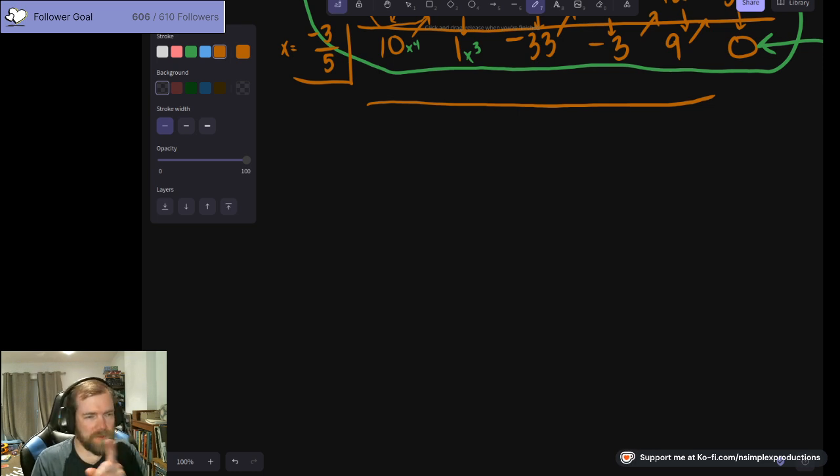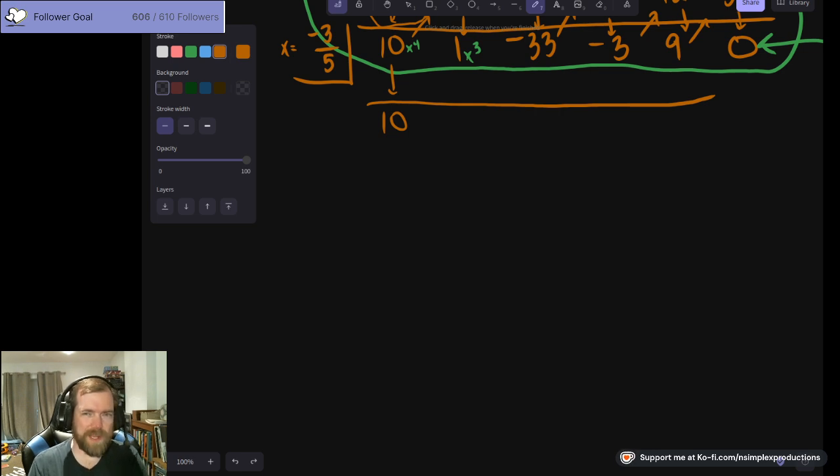Okay, so we take our 3/5. We say that our 10 is going to come straight down. No effect, right? Because the placeholder here is a 0. So we add the 0 to the 10. Nothing happens. So then we take this 10, we multiply it by negative 3/5. This is where it gets slightly annoying.